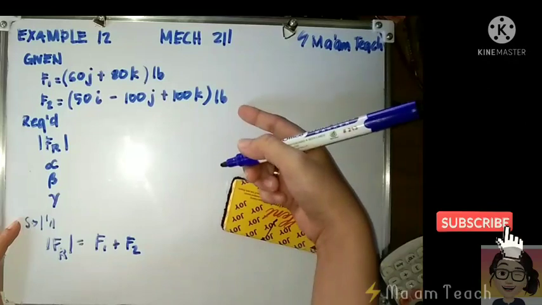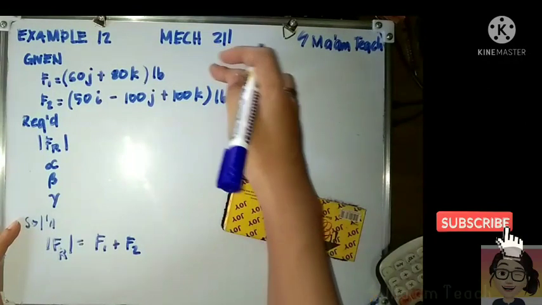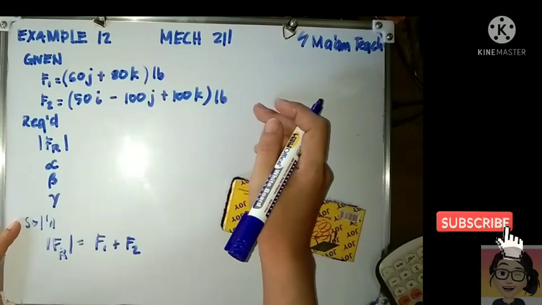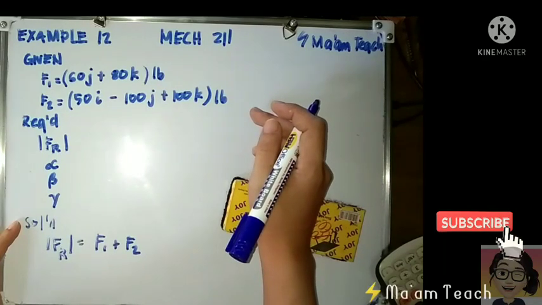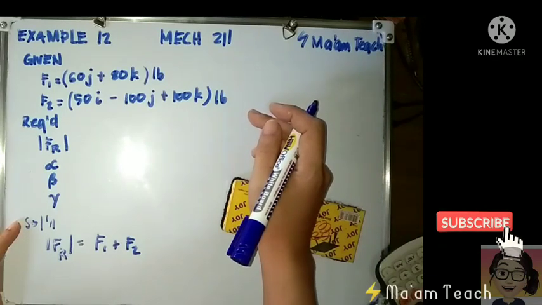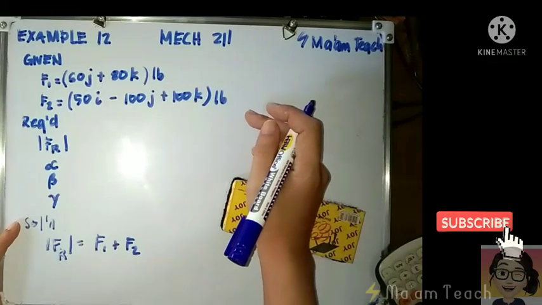The good thing here, class, is our forces are already expressed in Cartesian vector notation. So it's easy for us to determine the resultant by just adding the forces and combining the x component, y component, and z components.